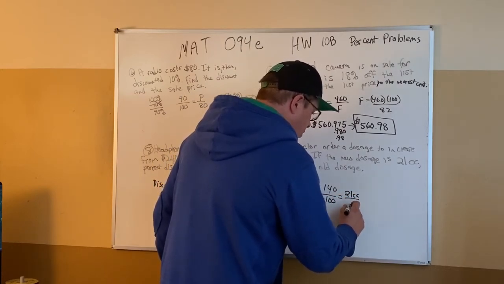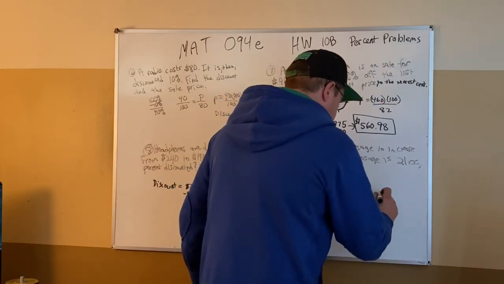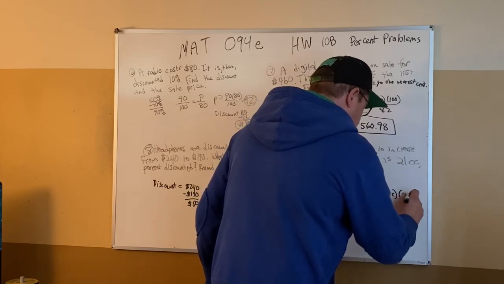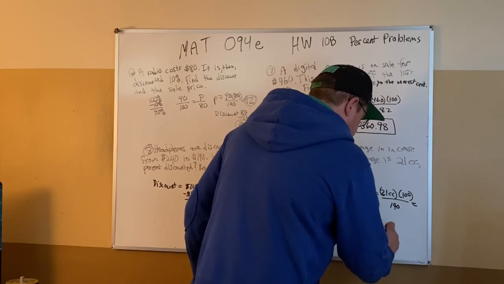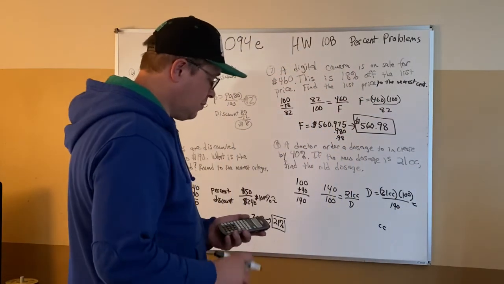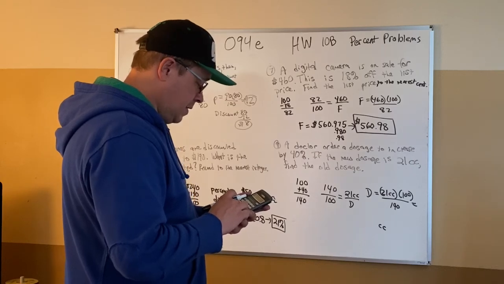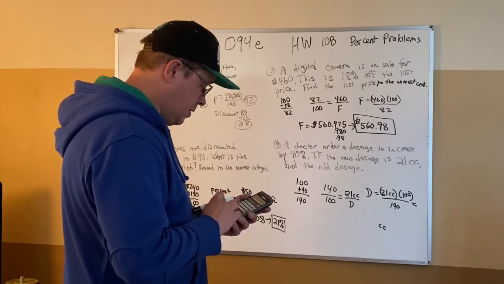And here's where you go with the old dosage. And then we're going to divide here by the 140. So we're going to take our 21 cc's, multiply by 100, and divide by 140. And the cc's as units will stick around for our answer. It's a word problem. We'll probably have units in the answer. 21 times 100 divided by 140.